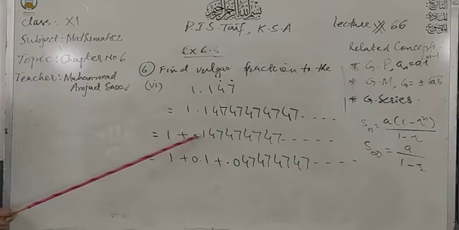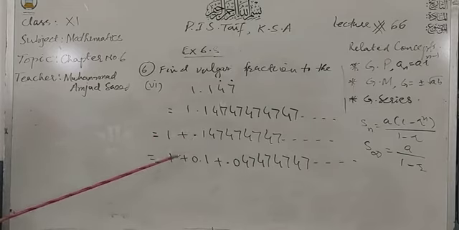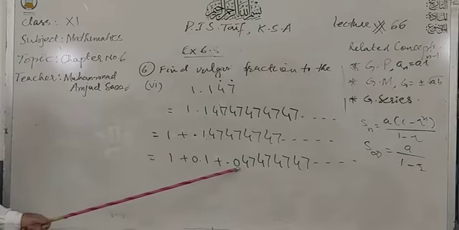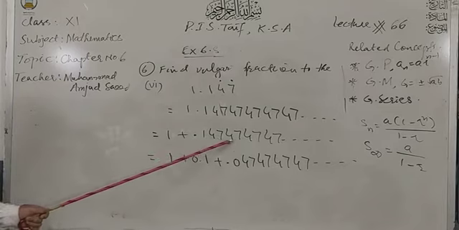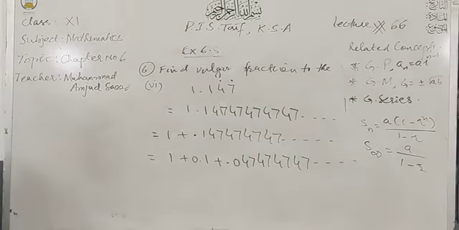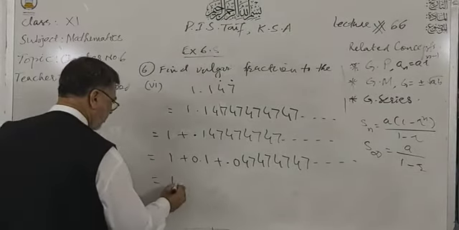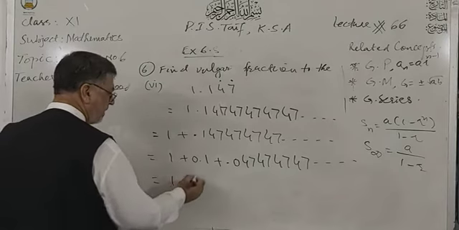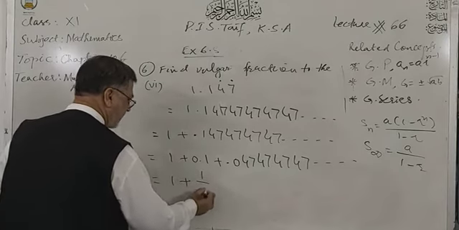The position of 0 is replacing this 1, because this one is not recurring. So you have 1 plus 0.1, which is 1 over 10.